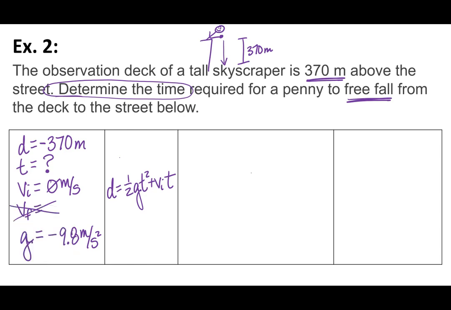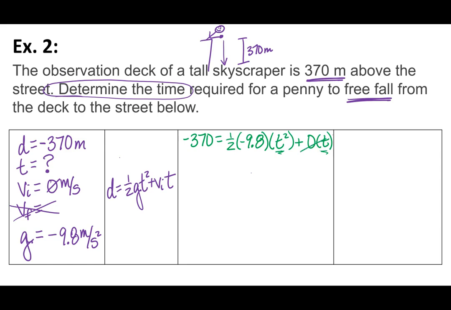Let's change colors here. Negative 370 equals 1/2 of negative 9.8 times t squared plus 0 times t. Now, some people get freaked out about this whenever they see that there's a t squared and a t, but what is 0 times anything?